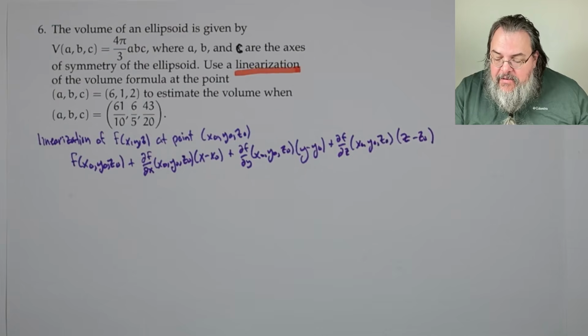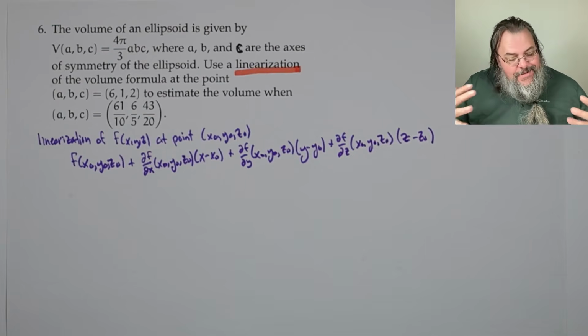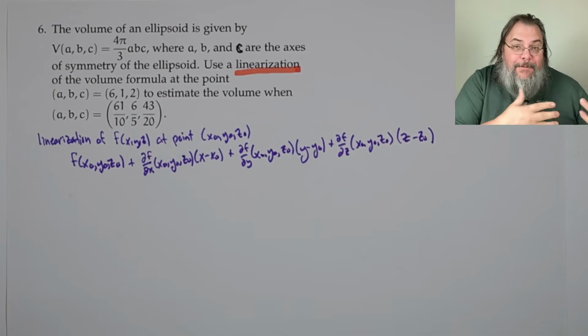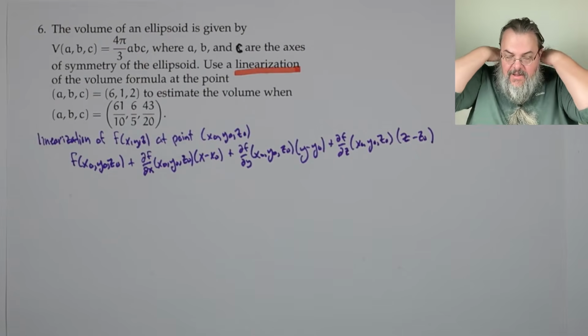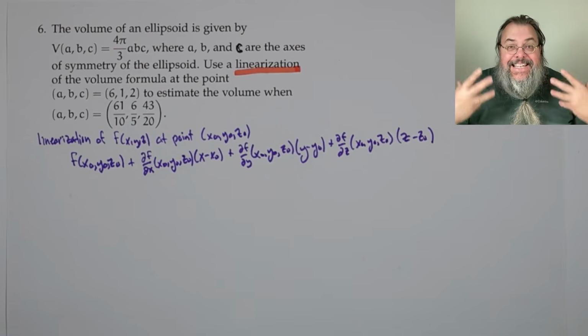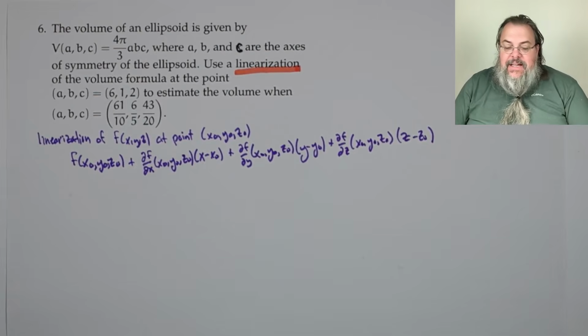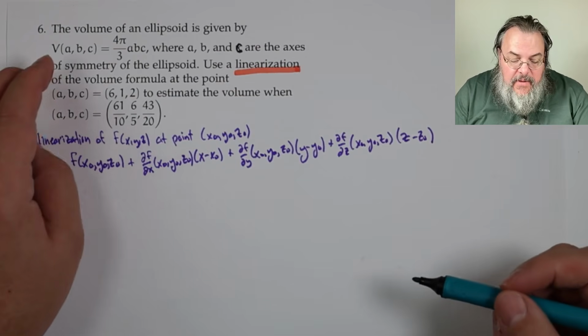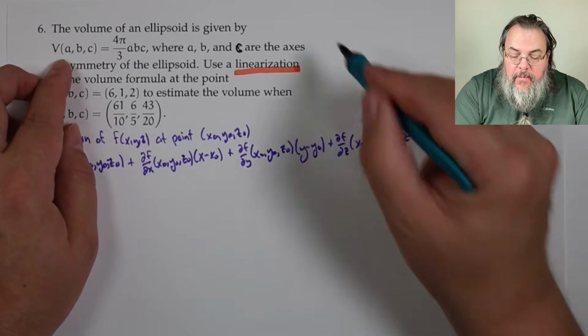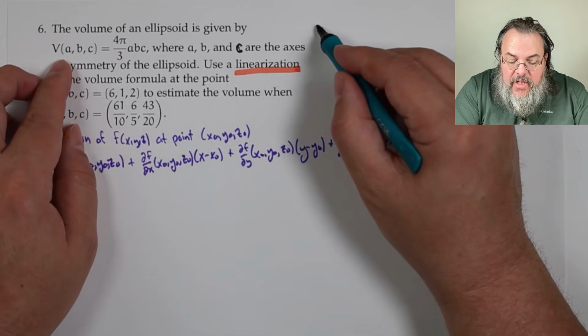So that's the idea. It's what you think it should be. Now for us, we just have to get over our uncomfortableness with having the symbols be A, B, and C instead of X, Y, Z. But the idea is the same. And that's the key thing. The ideas remain the same. So if I look at this, we have a couple of basic things to check.